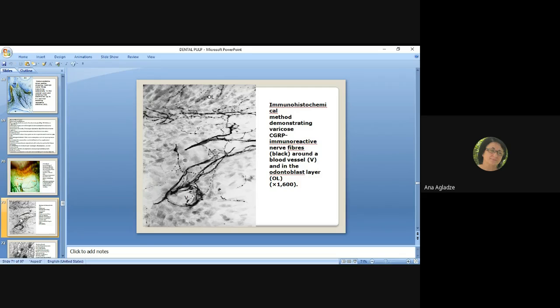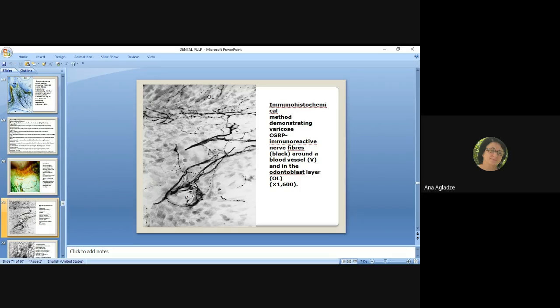and there are also A delta fibers. They have a diameter from 1 to 7 micrometer and are divided based on conduction speed into the fast and slow fibers. And the slow A delta fibers are polymodal fibers, and they account for 20% to 50% of the fibers.